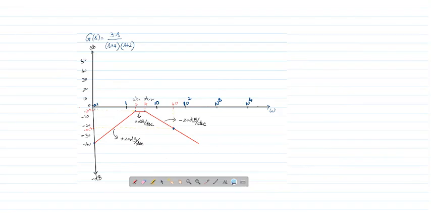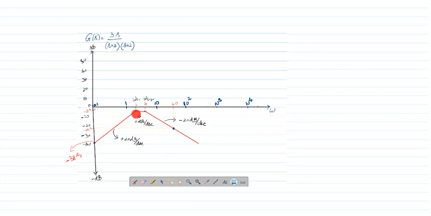Now we will plot those things. Already we have found out that at omega equal to 0.1, I got the value of minus 38.5 dB. This point is minus 38.5 dB at 0.1.